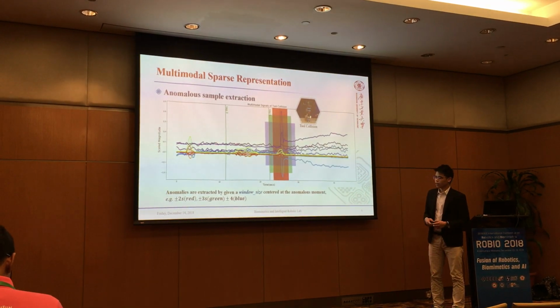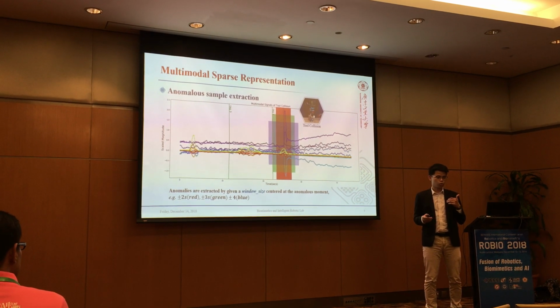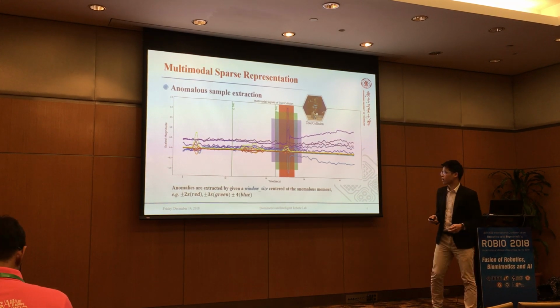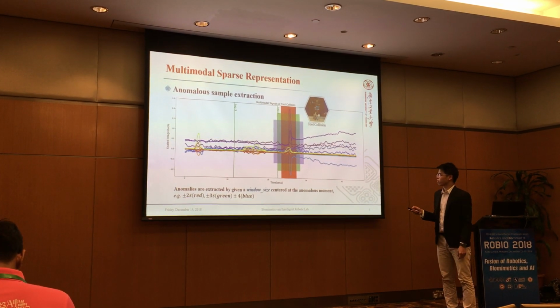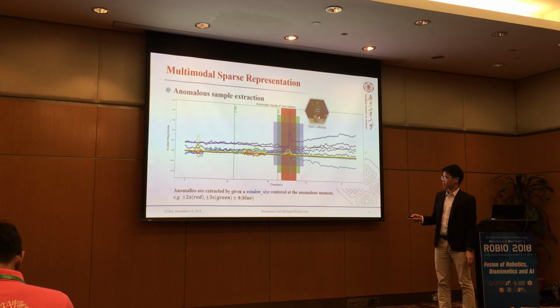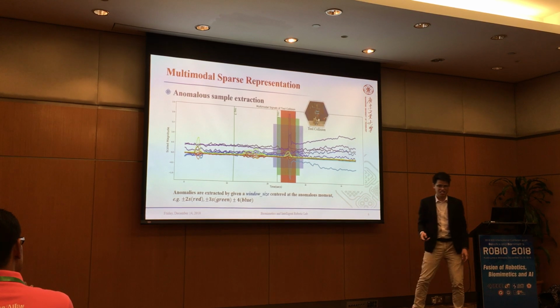For the anomalies we want to classify, the first step is how to represent them. In our case, for example, this kitting experiment lasted about 40 seconds.